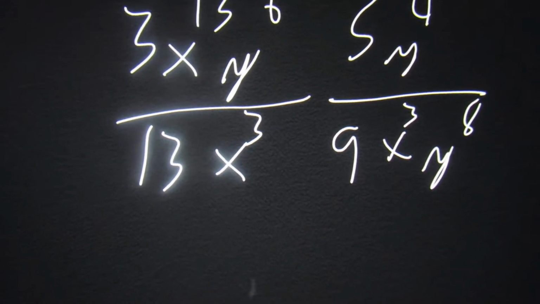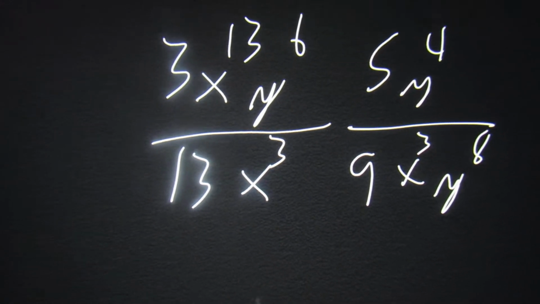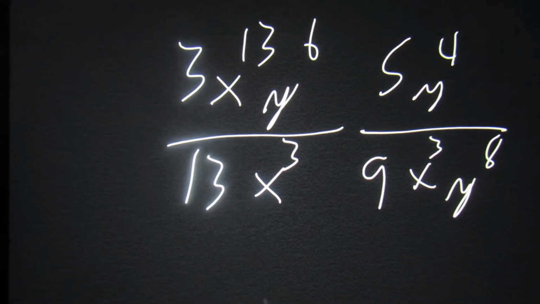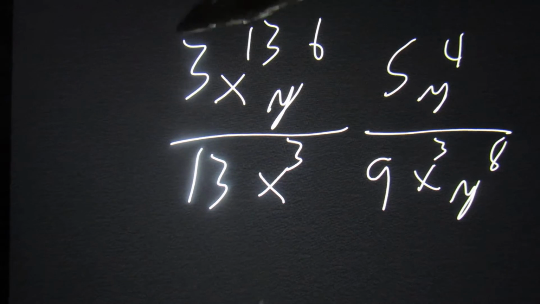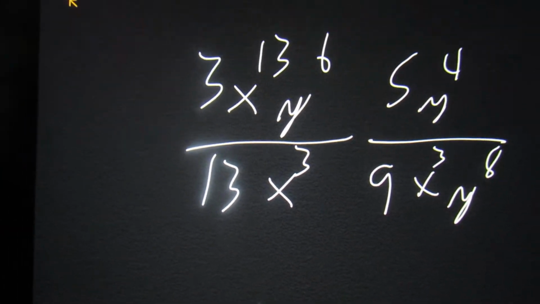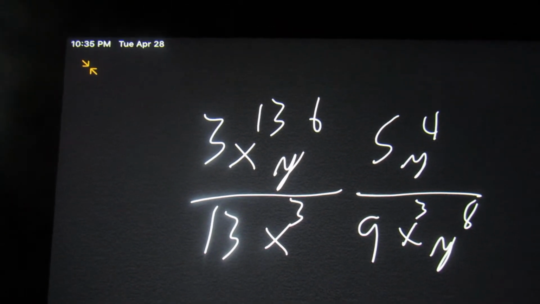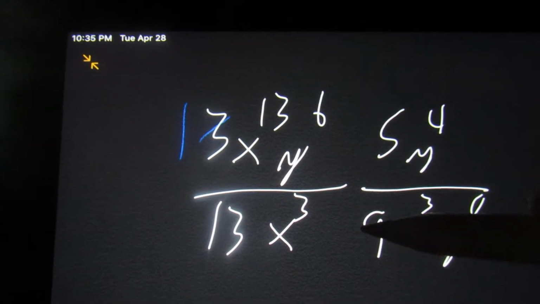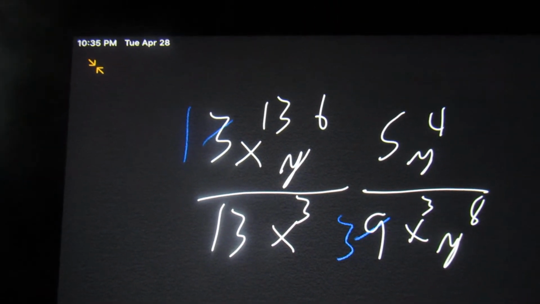So we can't really factor anything here. So the first thing I'm going to do is simplify the numbers. The 3 and the 9 can simplify. 3 will go into both of those. So this will become a 1 and this will become a 3.